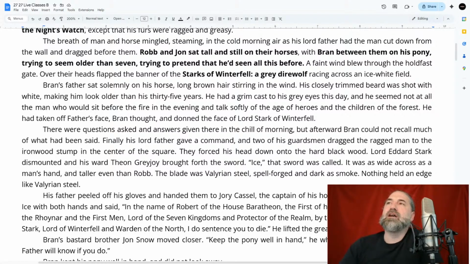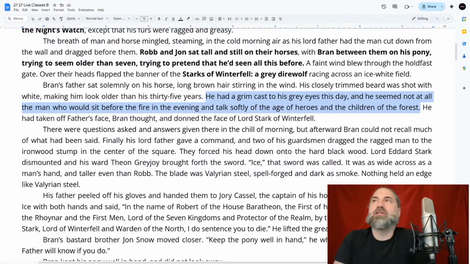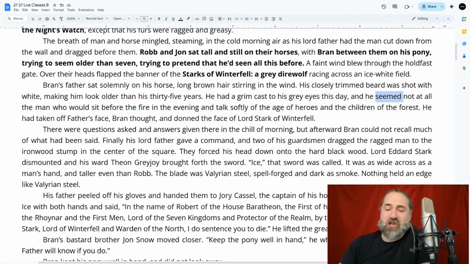But getting into this, here's a couple interesting things, all right? First of all, this is extremely slow pacing because it's stopping the story, and it's just sort of going into something. He had a grim cast to his gray eyes, descriptive. He seemed, remember, you can't use the word seem.